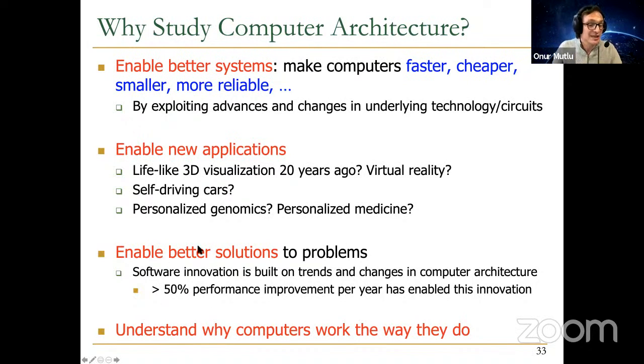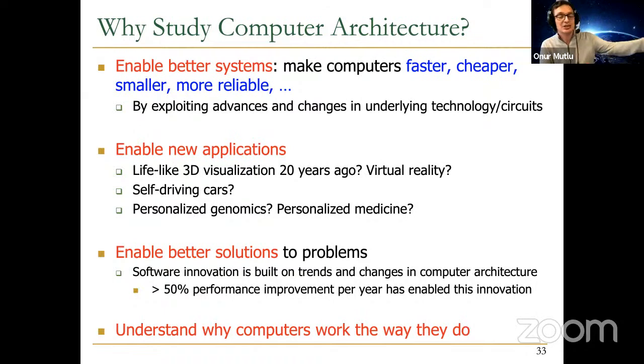And we would like to also enable better solutions to problems. This comes from new applications, but it also comes from doing better with older applications and older algorithms as well. Software innovation, for example, has been built on trends and changes in computer architecture. For a long time, general purpose computing performance was growing more than 50%, sometimes 2x per year. And that has enabled a lot of innovation in applications.